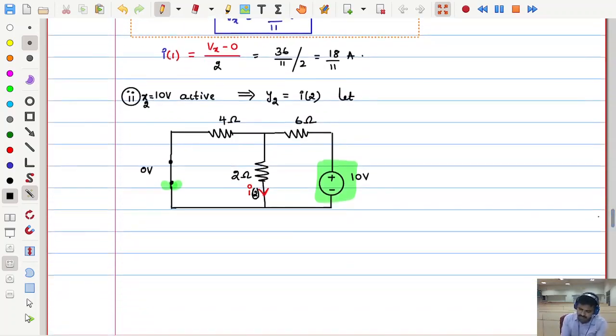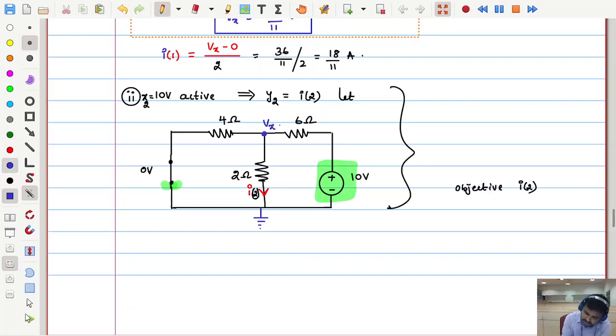So next, with this circuit, what is our objective? The objective is to get the current. Which current? I of 2. Now use any method which you know, no issue, but ultimately get this current. So again I am going with nodal analysis, just to make you aware of nodal analysis perfectly.